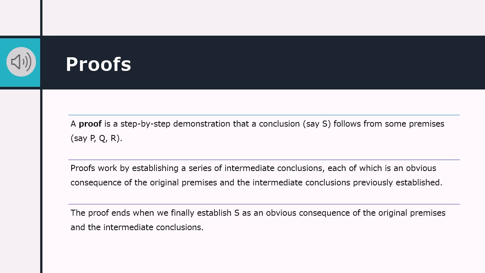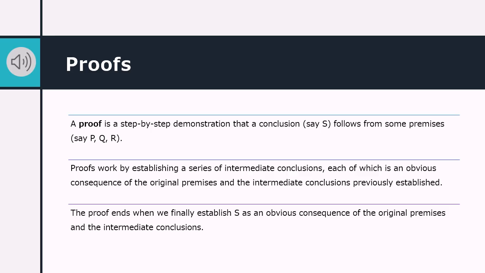And the way that a proof works is by establishing a series of intermediate conclusions, each of which is an obvious consequence of the original premises and the intermediate conclusions previously established in the proof. And by obvious consequence here, we mean something like a logical rule or a method of proof.